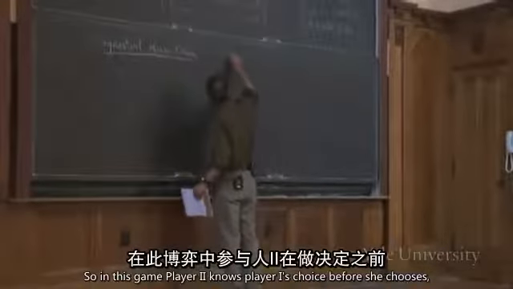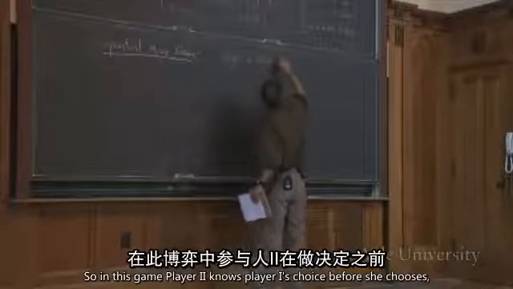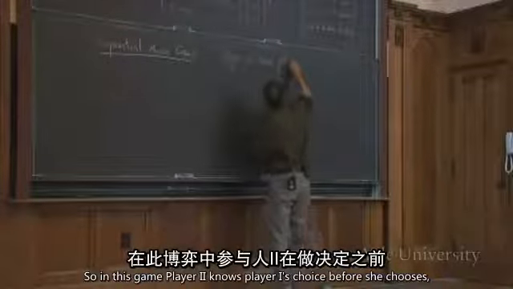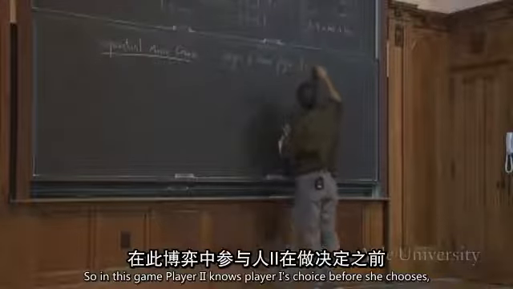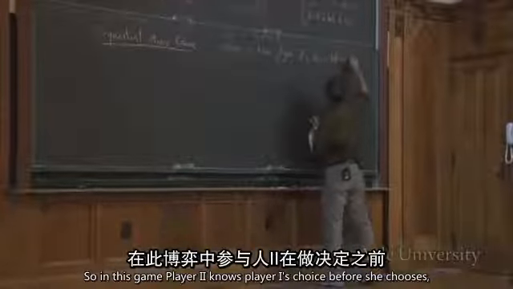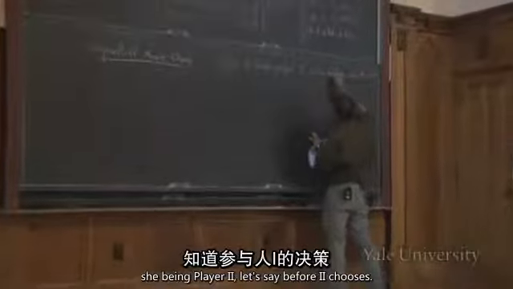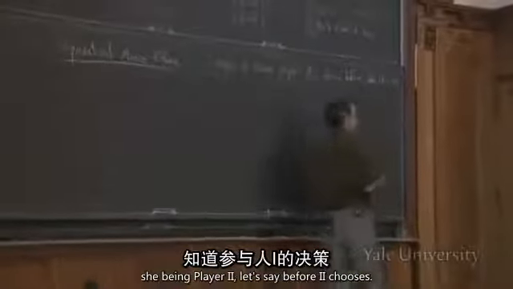So in this game, player 2 knows player 1's choice before she chooses. She being player 2. Let's say before 2 chooses. All right?